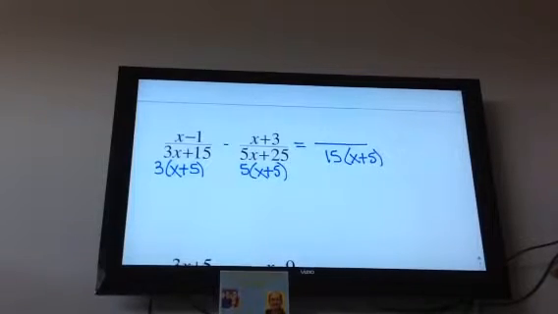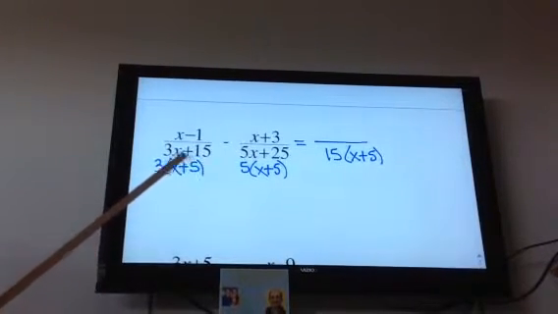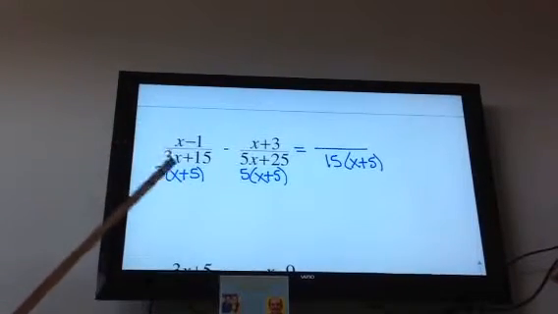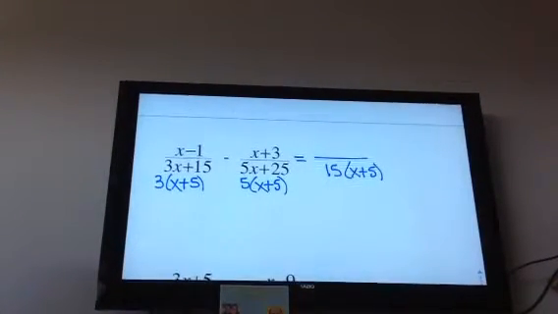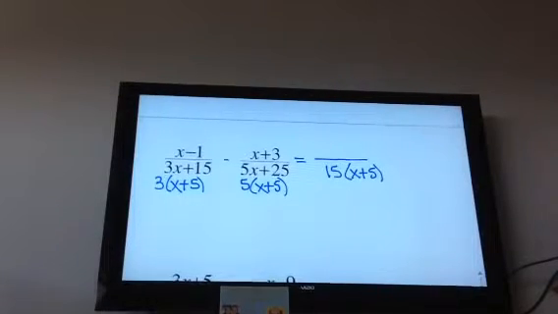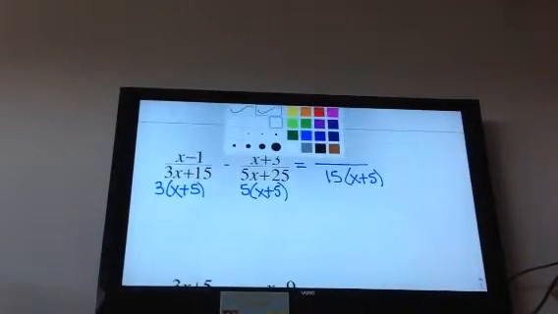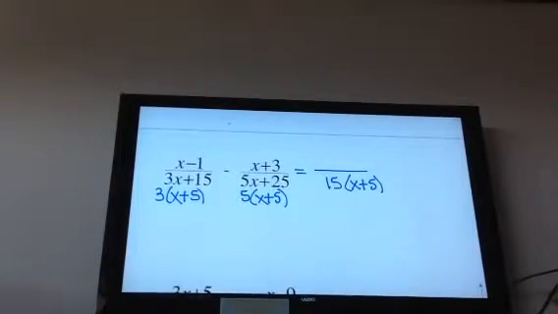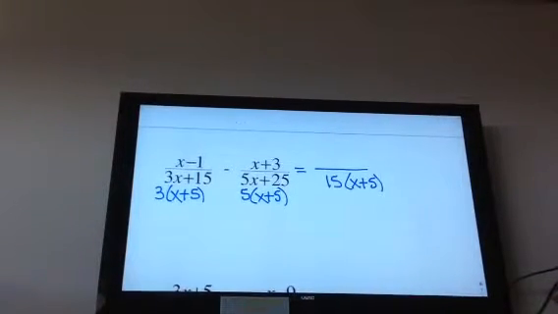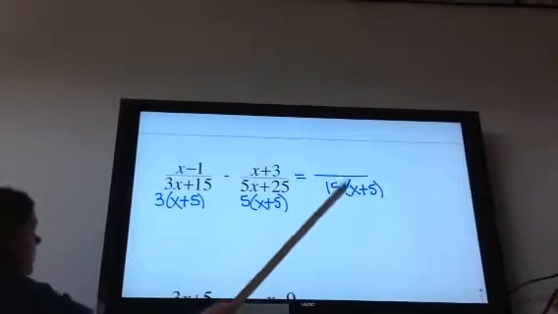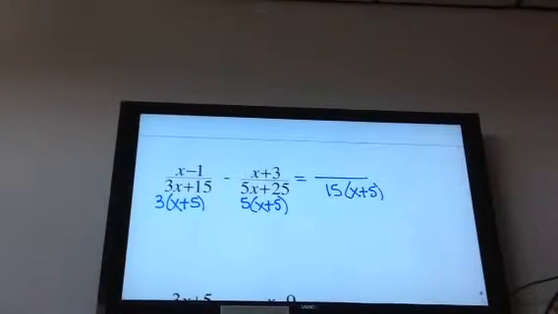So look carefully now. What am I going to multiply 3 quantity x plus 5 by to be this 15 quantity x plus 5? Somebody? Anybody? I want to make this look like that. Yes?